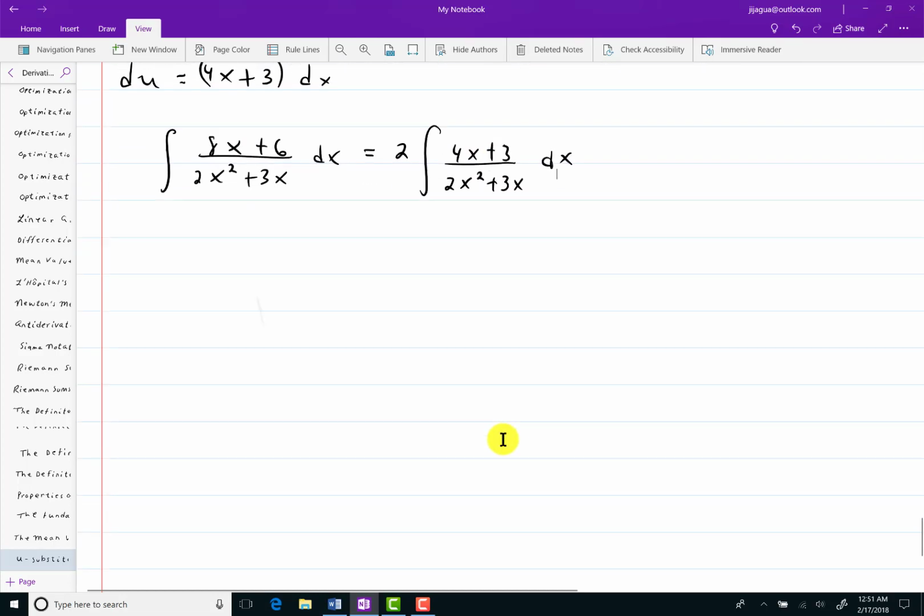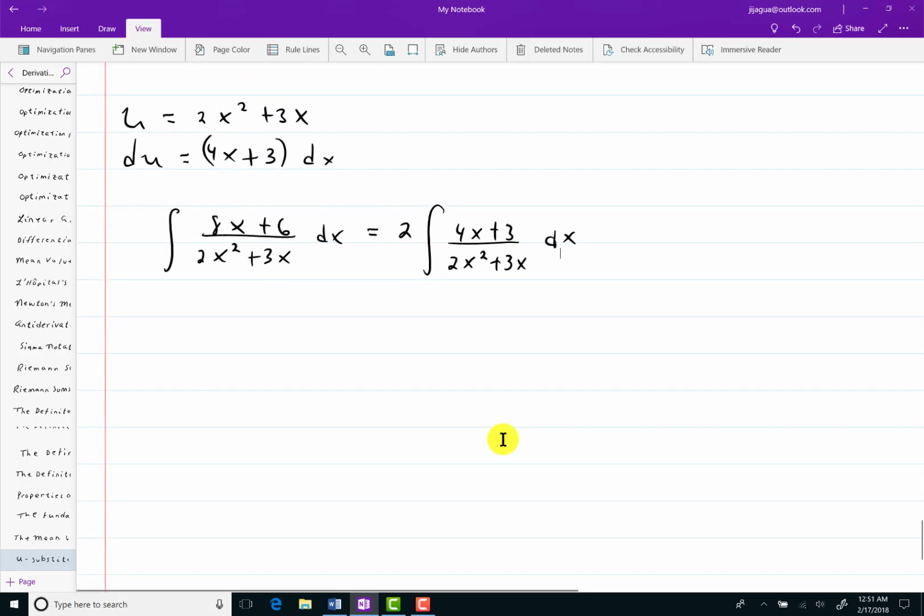Anyways, now I'm in a perfect situation because my u is exactly the denominator and my du is exactly the numerator. I can extend my numerator like so, and put my dx there.